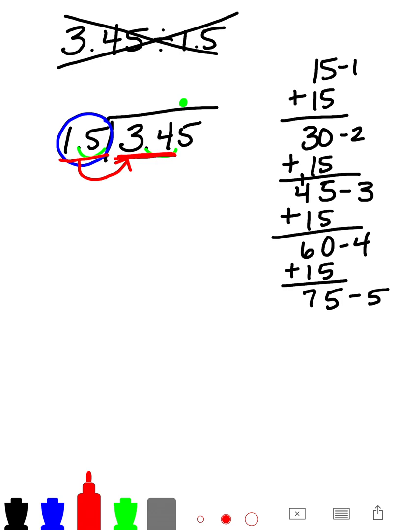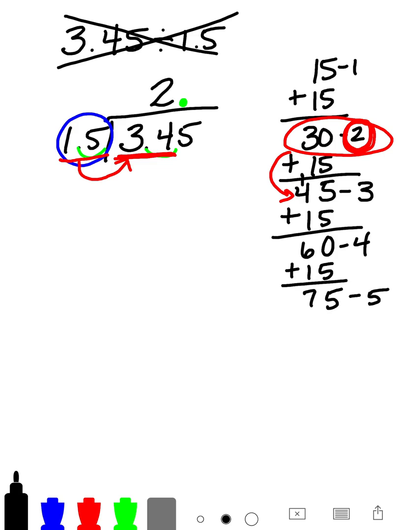And I have to find a number that's close to 34, but not larger than 34, because it can't go over it, okay? So I see here 30. Well, 30 is pretty close to 34, and it doesn't go over. But let me check the next number just to be safe. Nope, can't use 45 because it goes over. So we know it fits 2 times, okay?